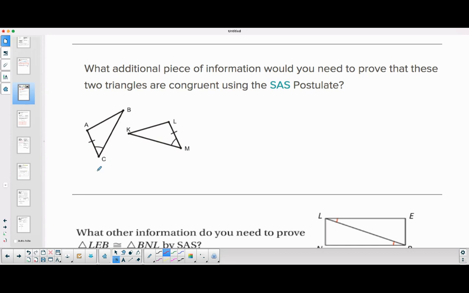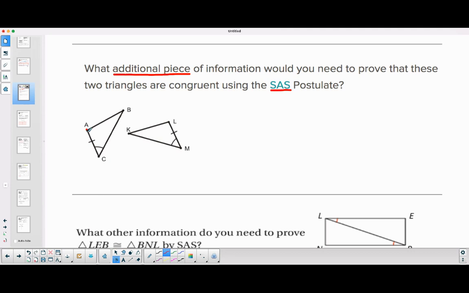All right, so then you'll get questions like this. What additional piece of information would you need to prove that these are congruent using side, angle, side? So I want to use a pair of sides, another pair of sides, and the angles in between. So that's what I need to be able to finish this problem off.